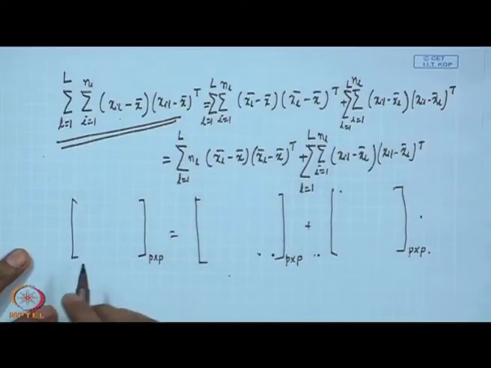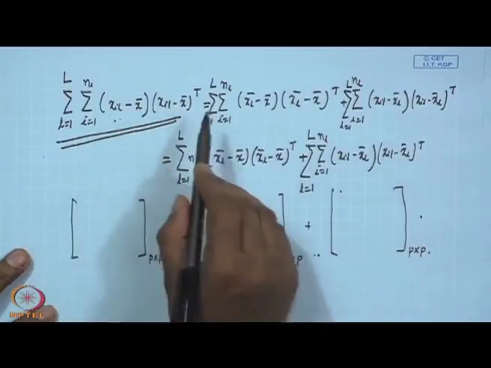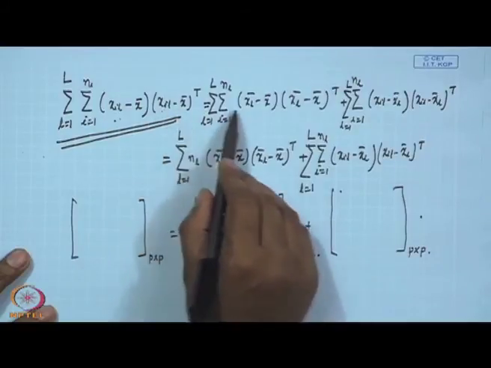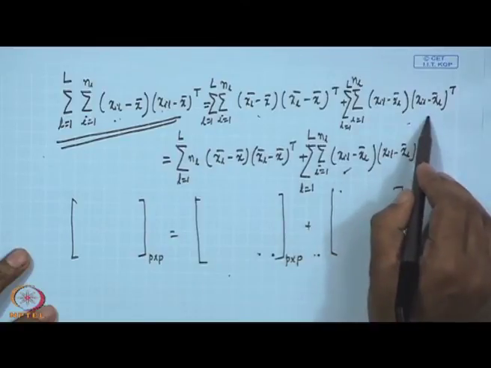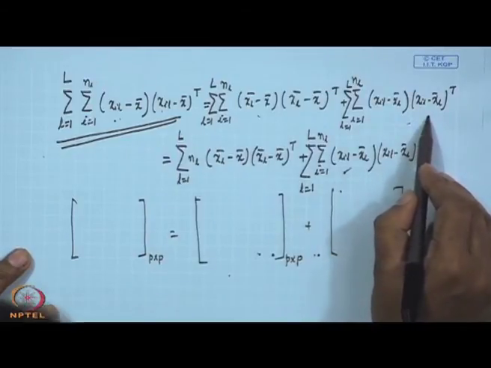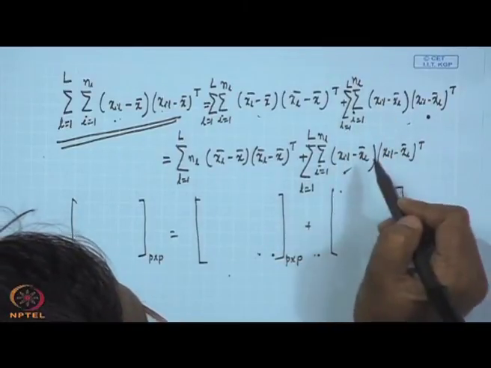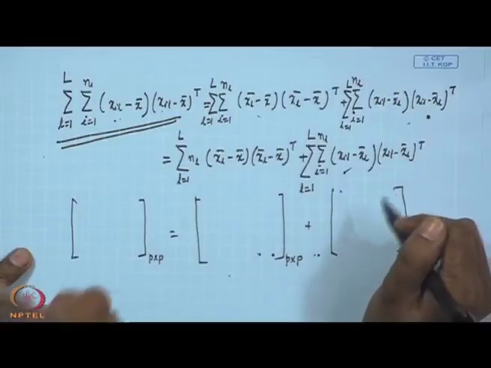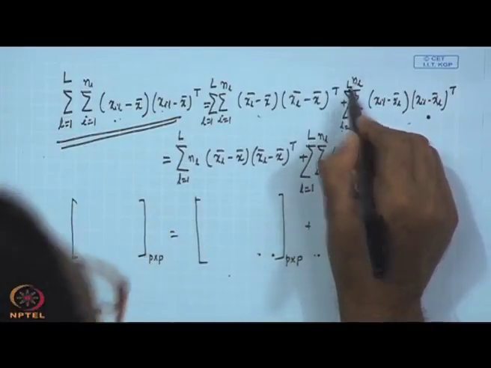First line, third term, that will be a summation, and the last summation will be with respect to I. The third term, rightmost, in the first line, this summation should be with respect to I, I equal to 1 to NL, and L equal to 1 to capital L. Okay.